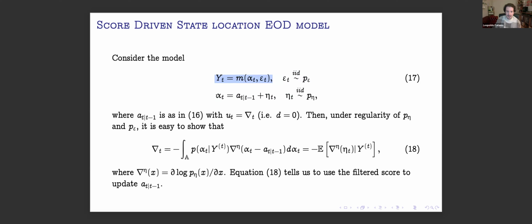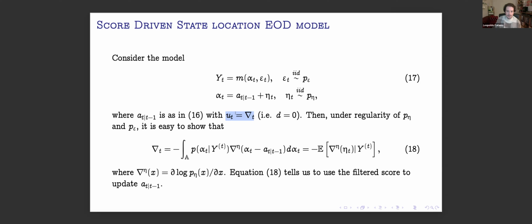And now the state variable is defined in this way. And now this is the time varying parameter. What we would like to do is set up a score-driven recursion for the dynamic parameter. And for simplicity, I'm going to set this d equal to 0, so unit scaling. So the forcing variable is just the score.